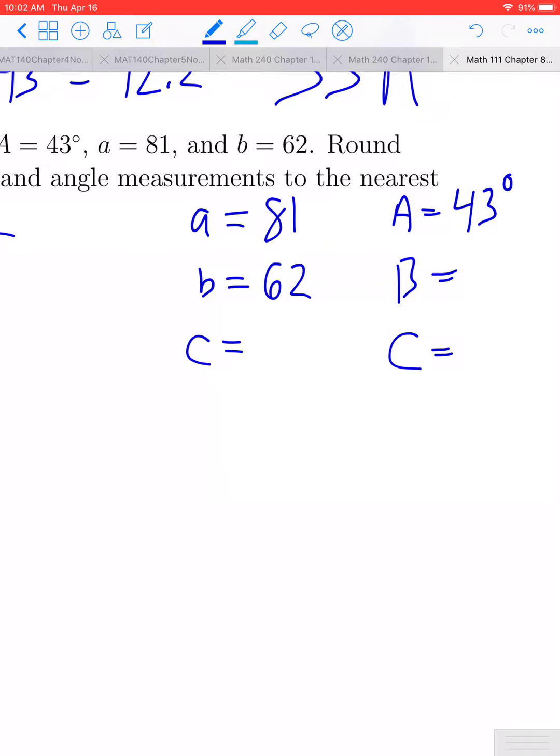The next thing we can solve for, we know a pair of sides. It's going to be a side and its angle pairing. That's a with angle A. So we should be able to use that information to solve for angle B. Let's go ahead and do that.